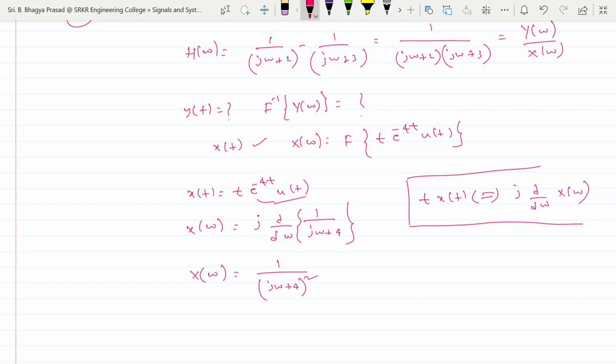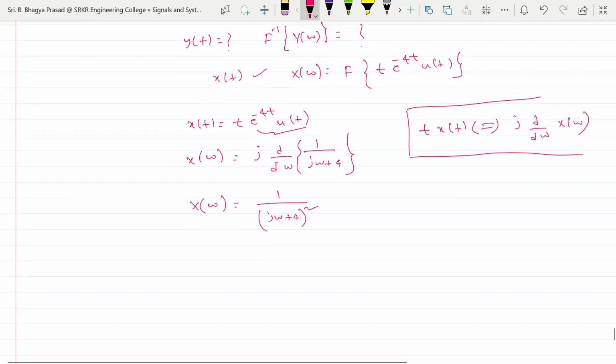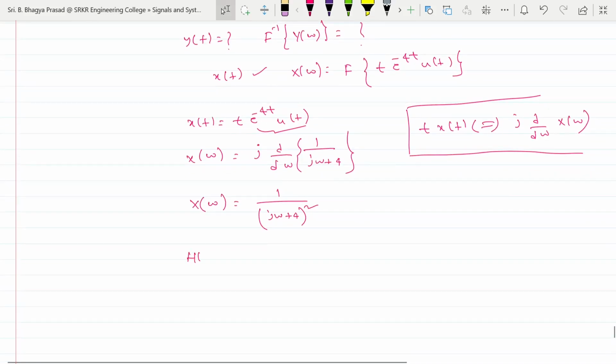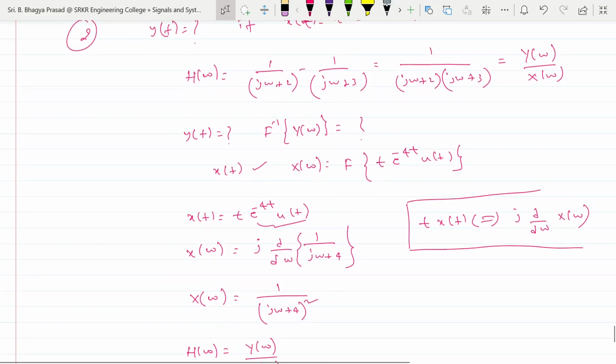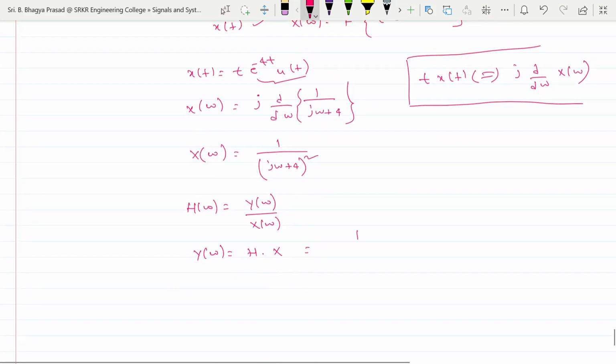We have H of omega equal to Y of omega by X of omega, so Y of omega will be H times X, that is 1 by (j omega plus 2)(j omega plus 3) multiplied with X. What is X?